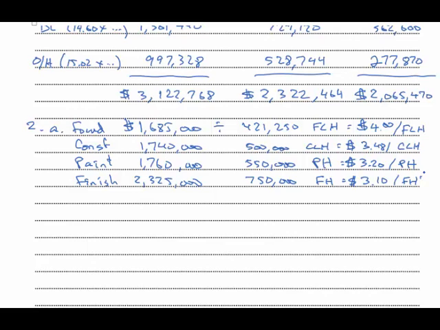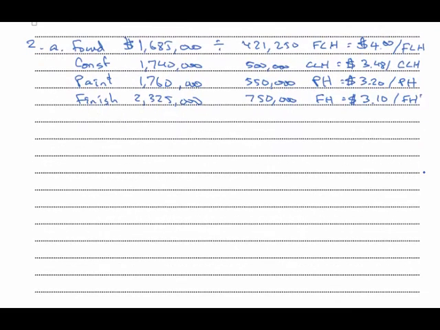And so now the question is coming up with a cost for each job. If we continue to lay it out as school, residential, and then cinema, let's do foundation, construction, painting, and finishing.